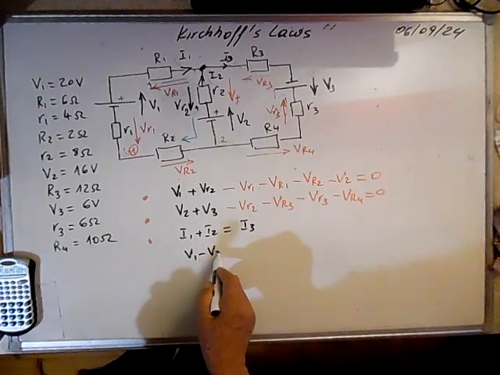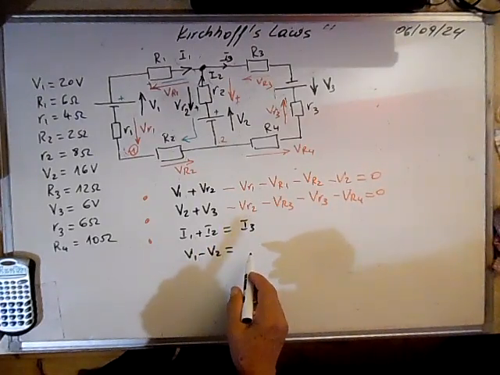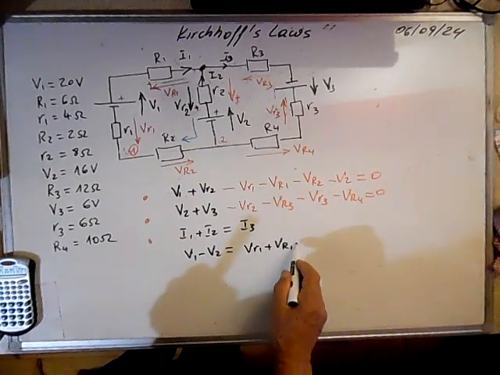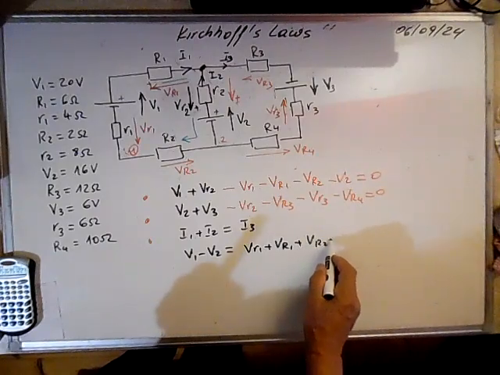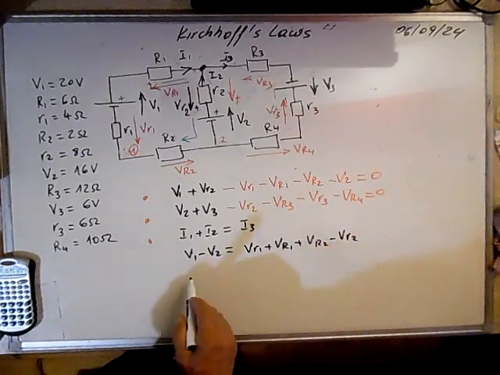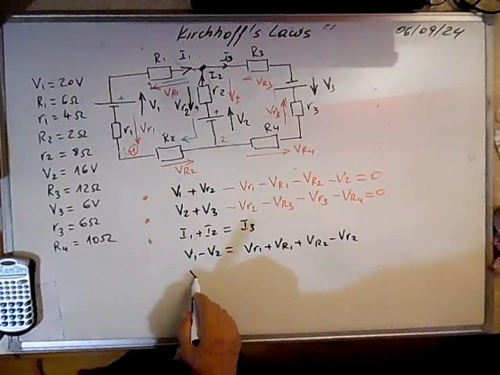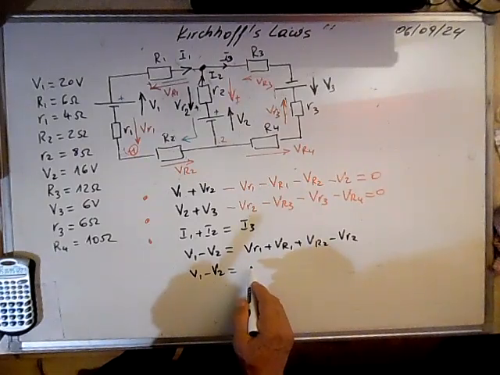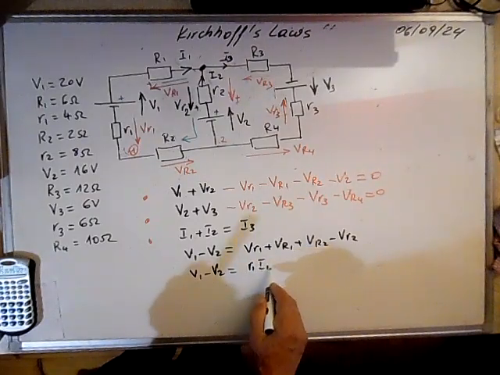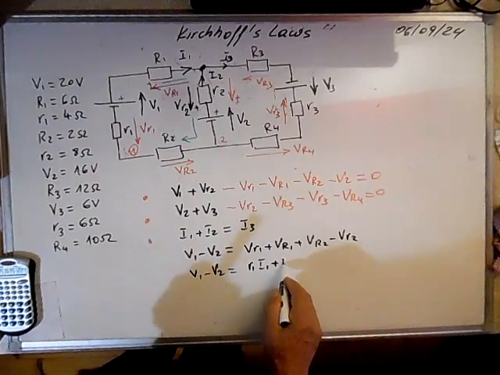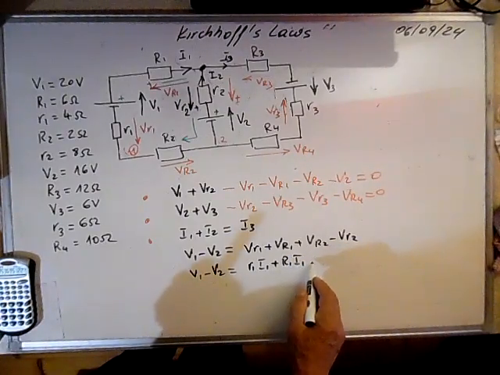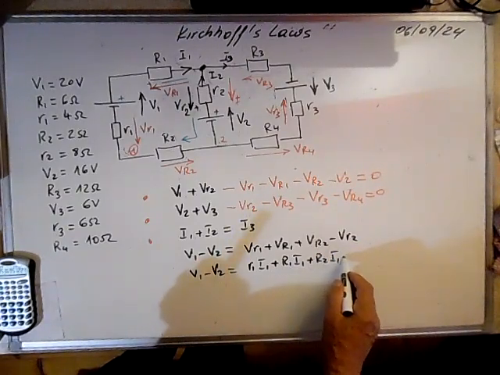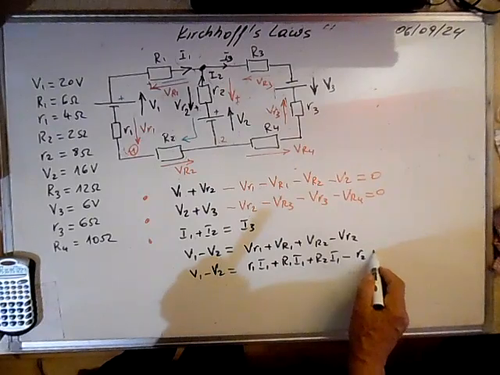Okay, let's write the first equation. V1 minus V2 is equal to VR1 plus VR1 plus VR2 minus VR2. It means V1 minus V2 is equal to R1 times I1 plus R1 times I1 plus R2 times I1 minus R2 times I2.